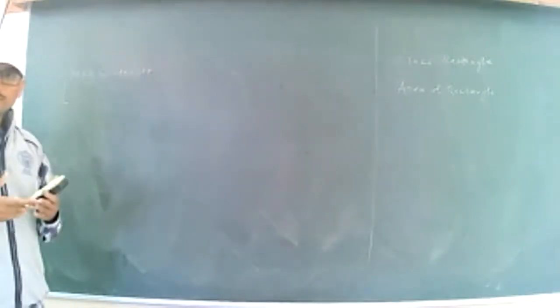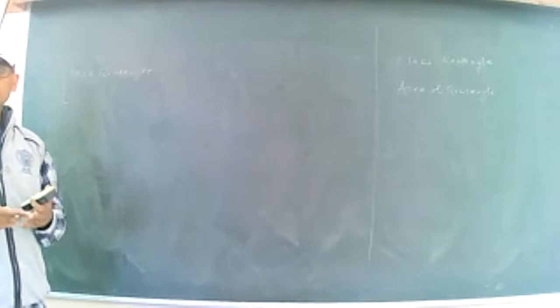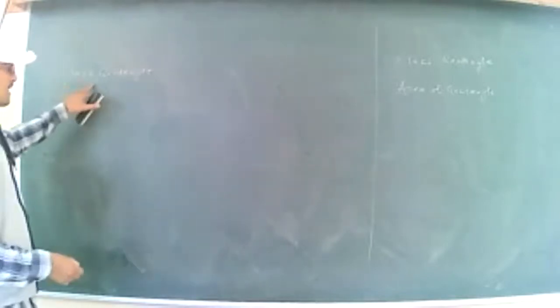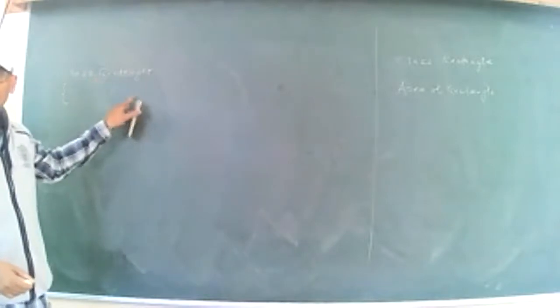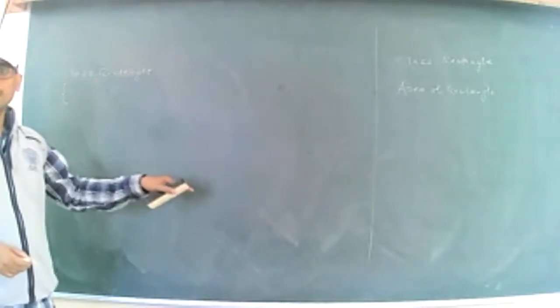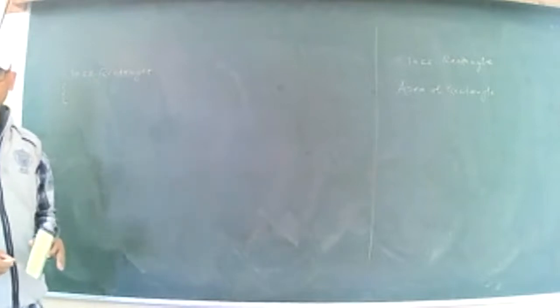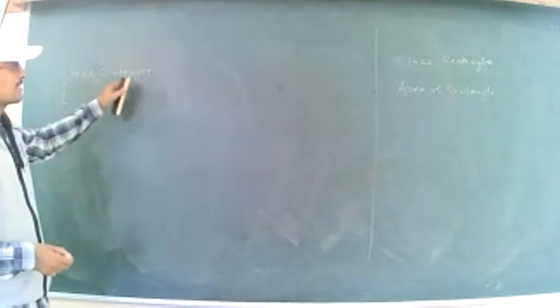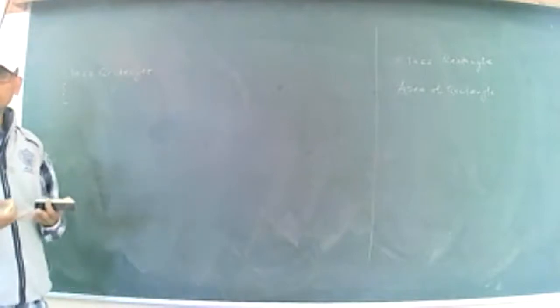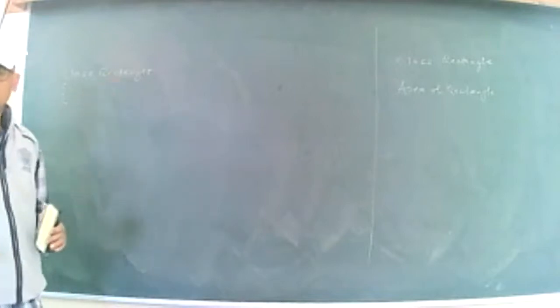But in our OOPS concept, we are going to write our program with the help of a class. First of all, we will define the class, and then we are going to have the object of that class in our main function. Class is nothing but a user defined data type, that rectangle.